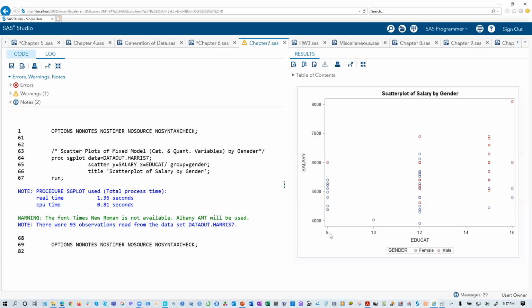Education: 8 or 10 or 12 or 14 or 15 or 16. So, because of that, there are few options for that variable. You can consider this as categorical, or since it has numbers, you can say quantitative as well. Doesn't matter, but you can easily see that they belong to the categorical type.